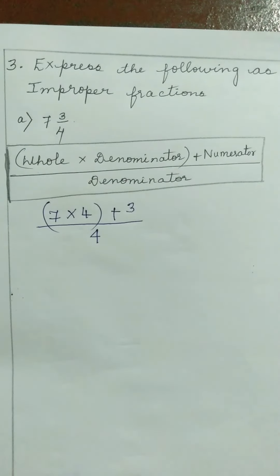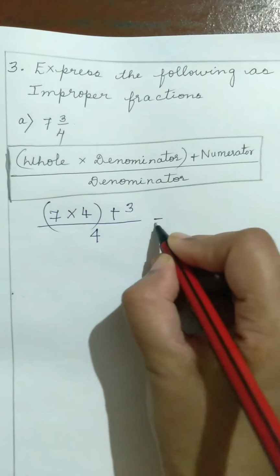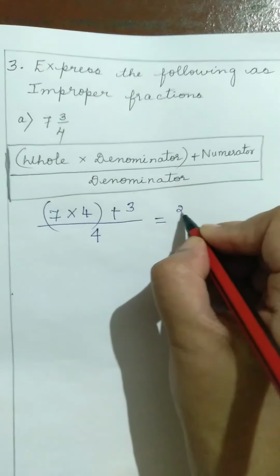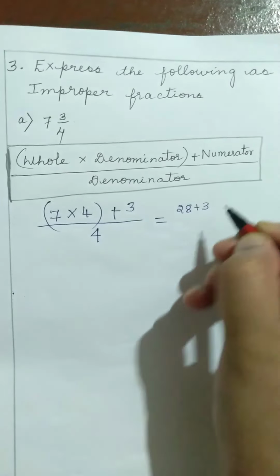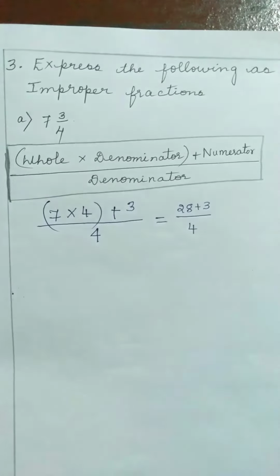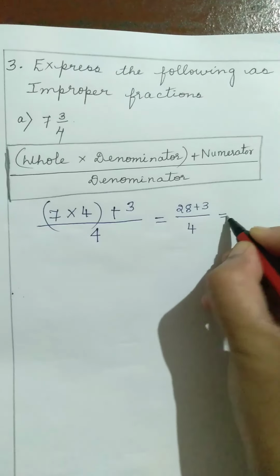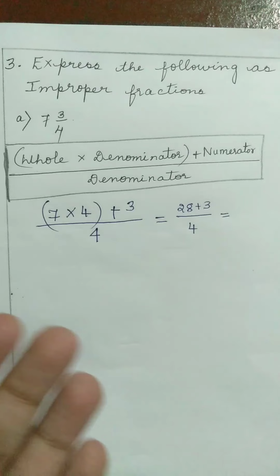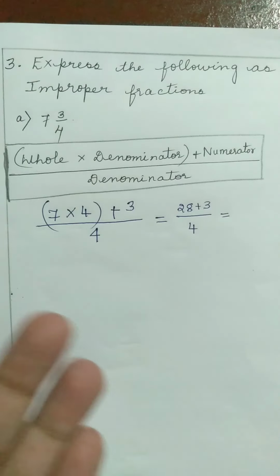On further simplification, 7 into 4, that is 7 fours are 28, plus 3, divided by 4. On adding 28 plus 3, 28, 29, 30, 31.